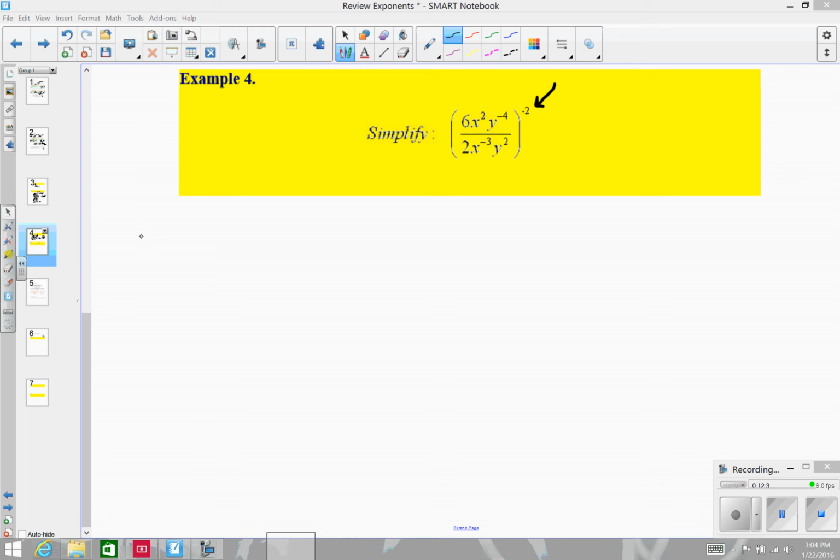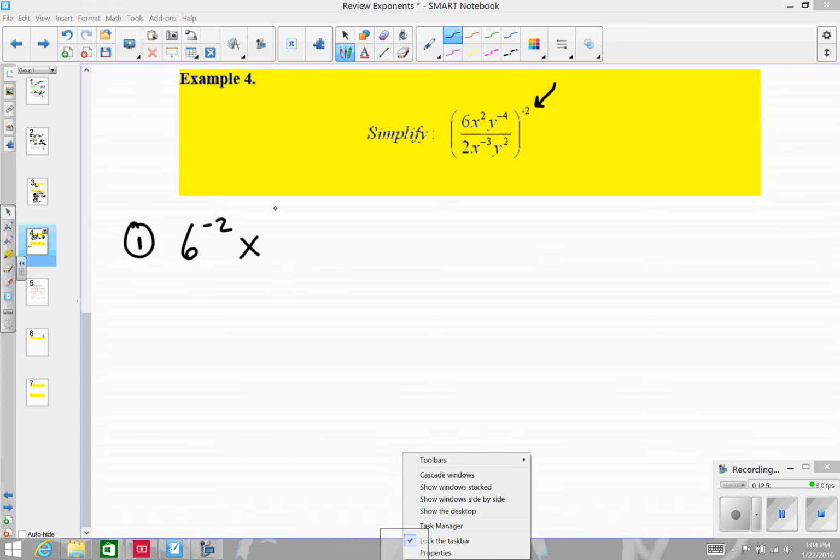So first thing I'm going to do is take everything that I have in parentheses, raise it to the negative 2nd power. So method number 1. I'm going to rewrite this as 6 to the negative 2 power x, and then multiply my exponents. 2 times negative 2 would be negative 4. y to the negative 4 times negative 2 is going to give me a positive 8.